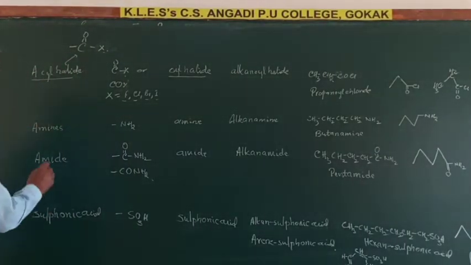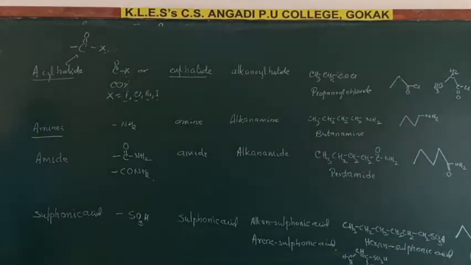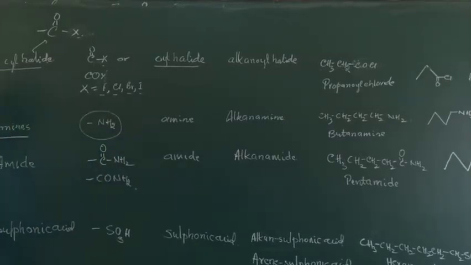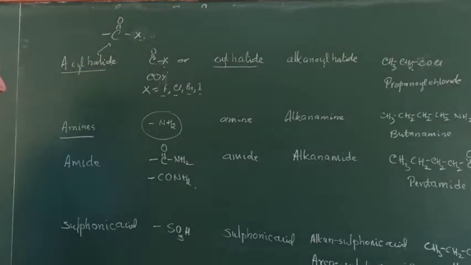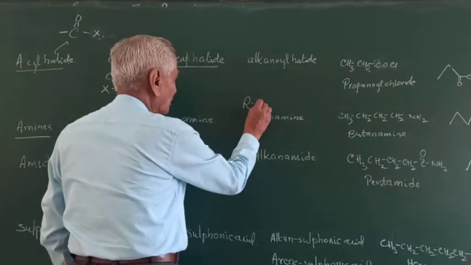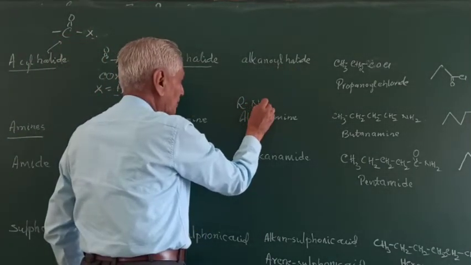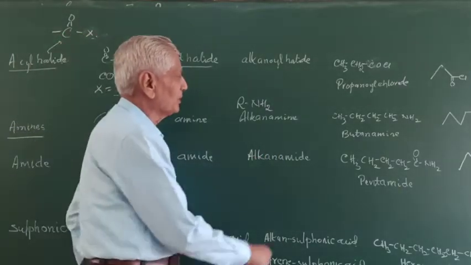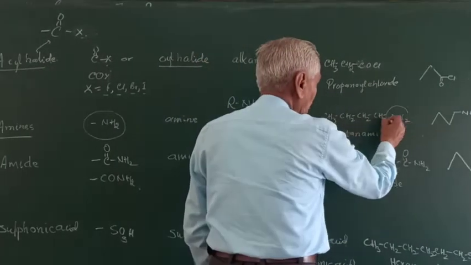Next compound, amines. The functional group of amines is NH2. Starting from an alkane RH, you replace H by NH2 and you get alkane amine. For example, CH3CH2CH2CH2NH2.